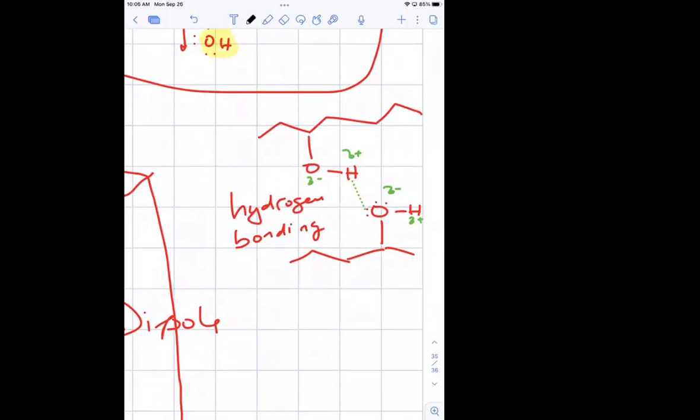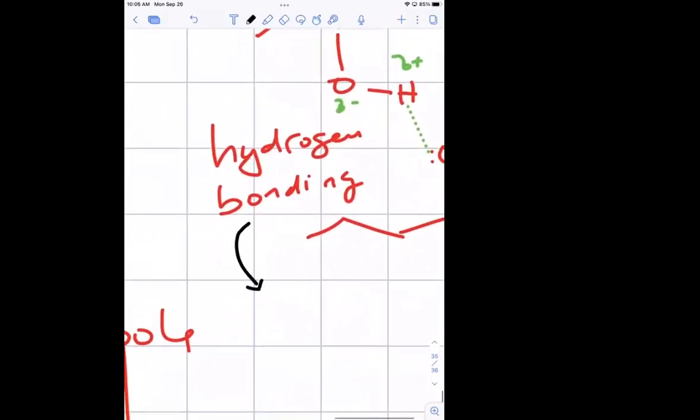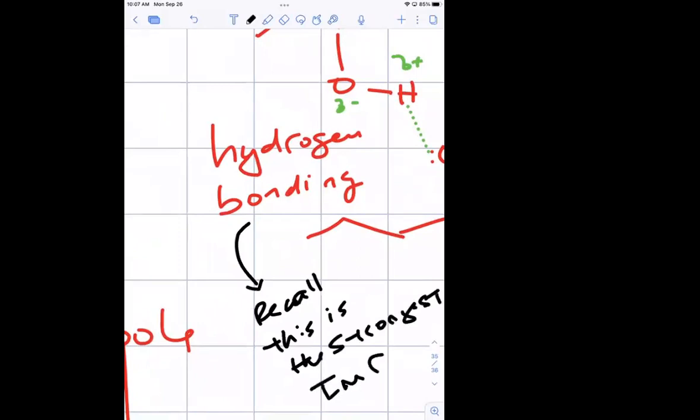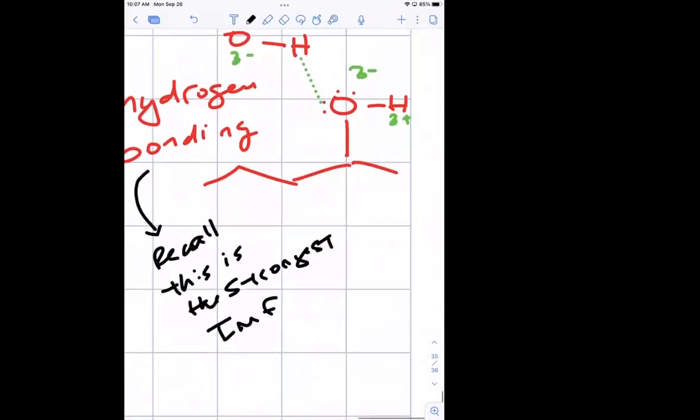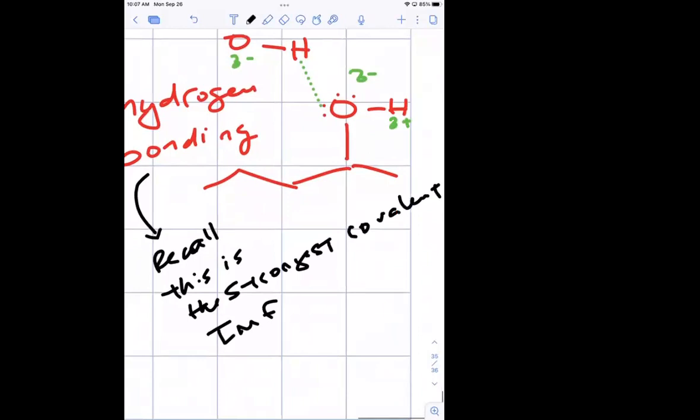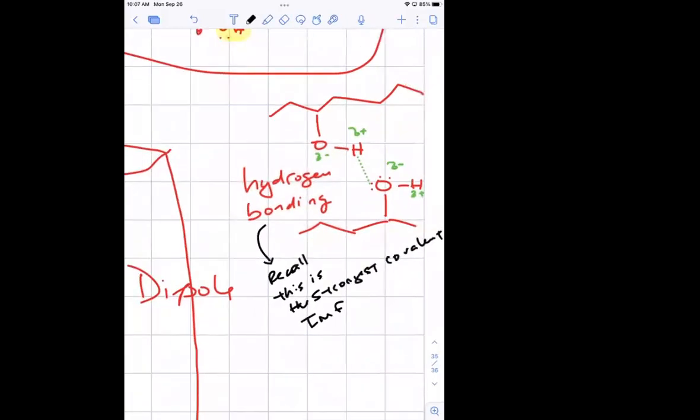It's the strongest of all your intermolecular forces on a covalent level. Right, the ionic electrostatic interaction is the strongest out of all of them. But on a covalent level, between van der Waals, dipole, and hydrogen bonding, this is the strongest.